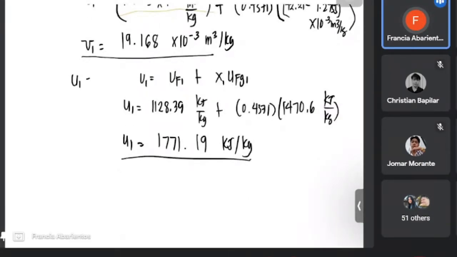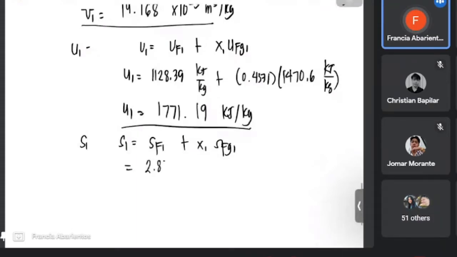Finding also the entropy at point 1. So ganun yung class. Ulit-ulit ka lang yan. Master mo na to. Balik ka ulit dun sa steam table. Yan. Dito na tayo class, sa entropy. 2.838 kilojoule per kilogram Kelvin plus 0.4371.